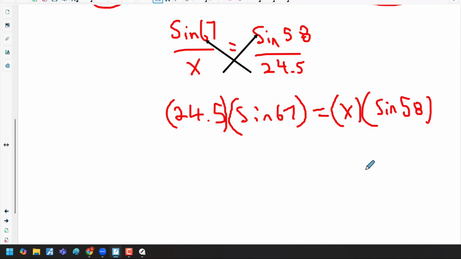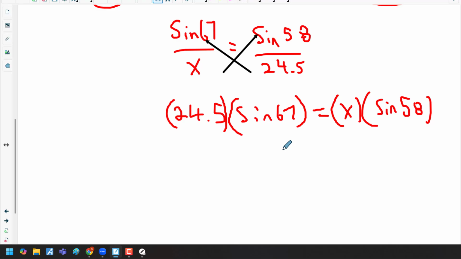At this point, you have two options. You can either actually plug in the values in your calculator and calculate the numbers, or if you want to do it all in one step, or if you want to do the algebra part first, doesn't really matter. So I'm going to write these out now. So what is 24.5 times sine 67? So let's do sine 67. You get a decimal 0.9205.